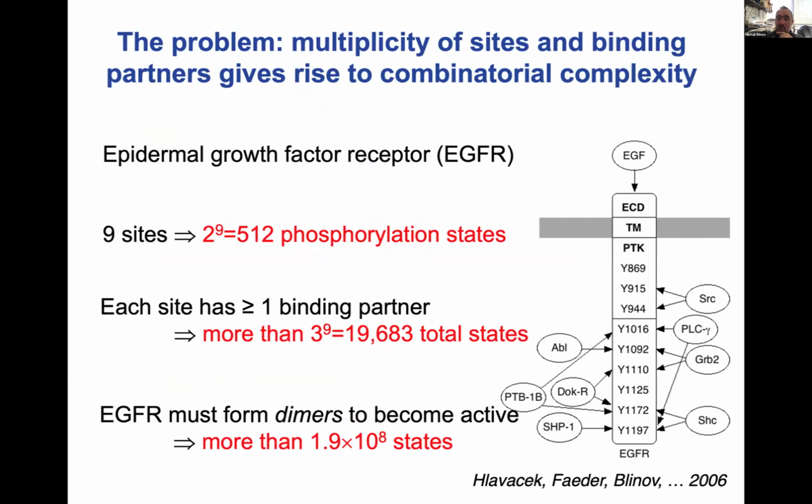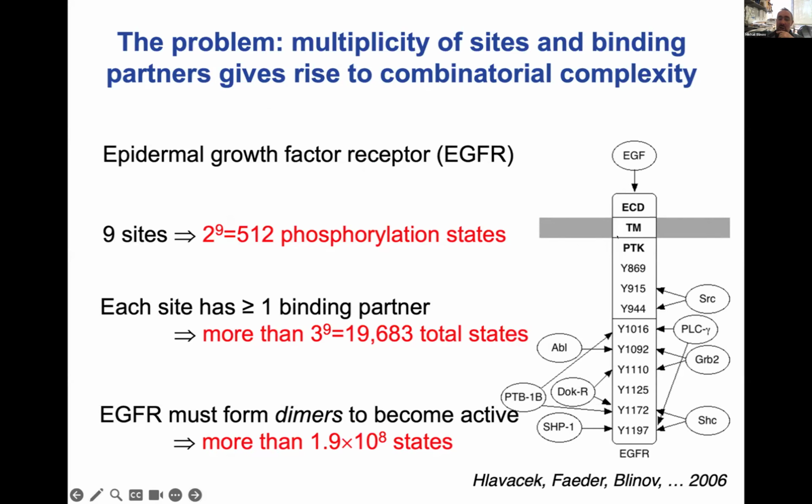And investigation via regular reaction network modeling is impossible because a chemical species in a reaction network is a pool of identical elements. And for identical elements, you have to distinguish between a receptor being phosphorylated on one side, on two sides, on a receptor being bound to one adapter protein, another adapter protein. And here you can see that the number of different combinations, each of them corresponding to a chemical species, explodes.